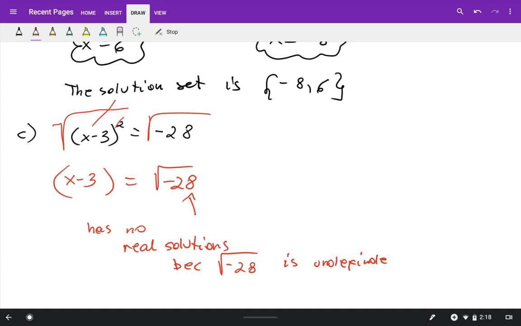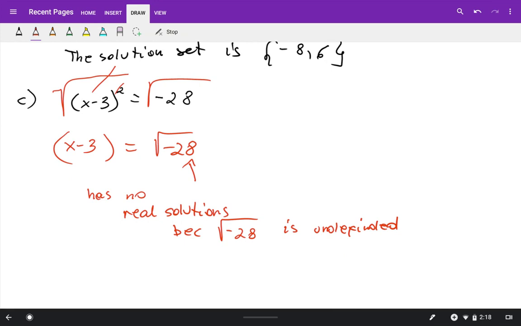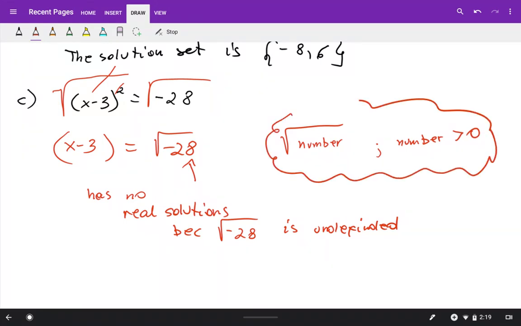Your calculator will give you an error. The number under the square root always has to be zero or positive. Okay, so that's that condition. We will not have a negative expression under the square root.